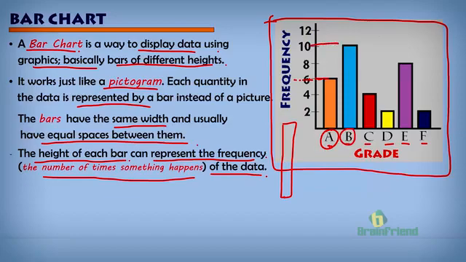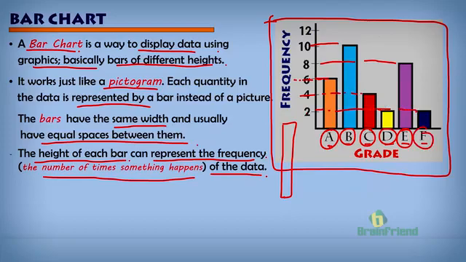Or we say 10 students got grade B. Also, grade C occurred, if we do a trace, 4 times, or 4 students got grade C. Grade D, let's do another trace, occurred twice, or 2 students got grade D. And grade E occurred, if we trace it down, 8 times, or 8 students got grade E. Finally, grade F, which of course is a fail, occurred, if we did a trace, 2 times, meaning that 2 students failed their exams.